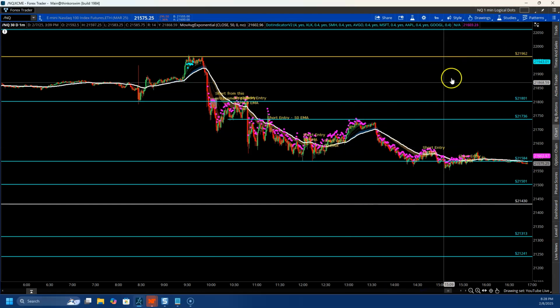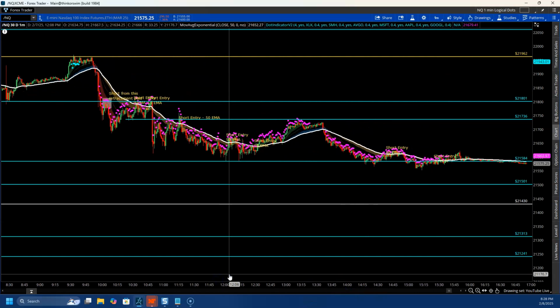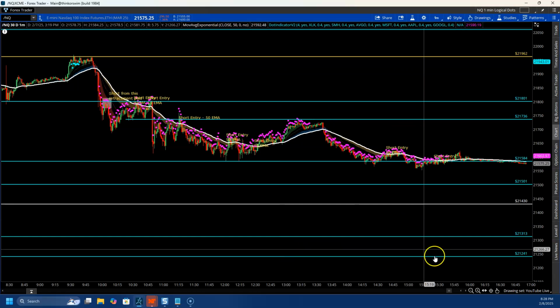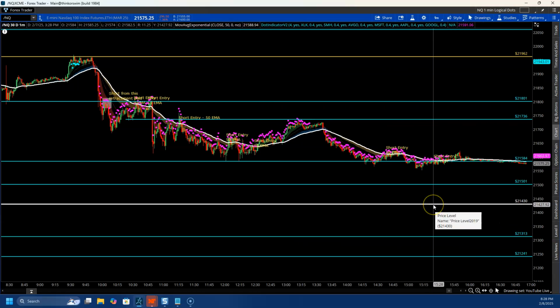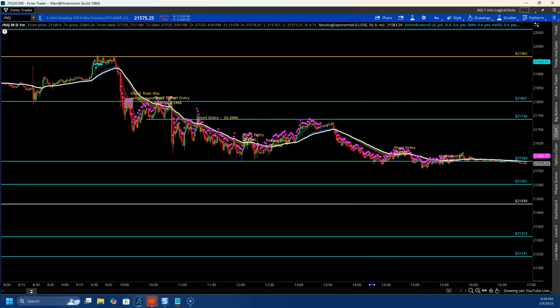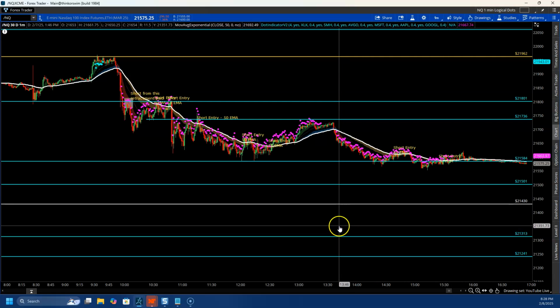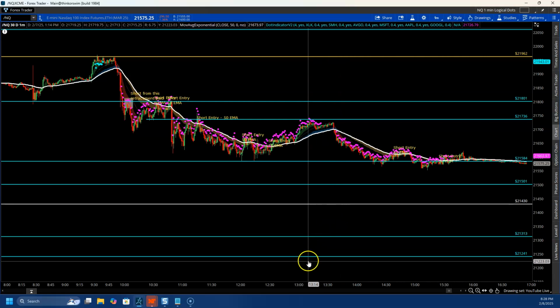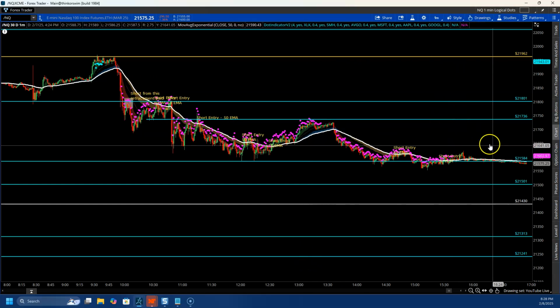If it's a yellow one, it's a weekly level, which carries more weight because it's a weekly support or resistance level. And if it's a white line like this, that means it is a daily key level. Depending on whether the price is above or below that level, it will act as a support or a resistance.